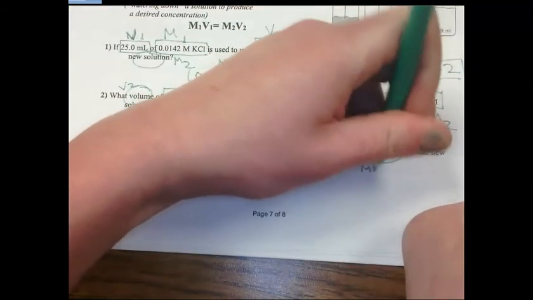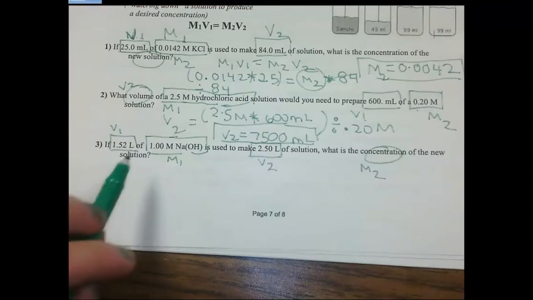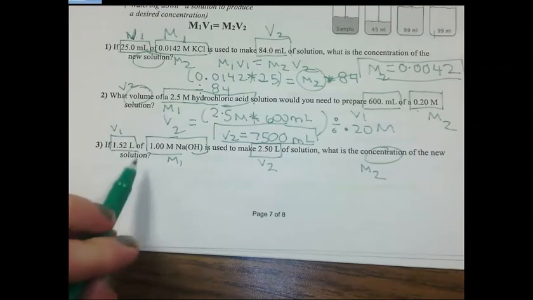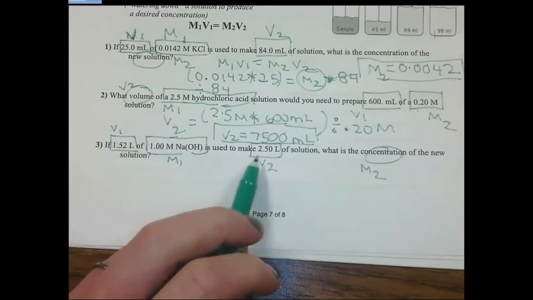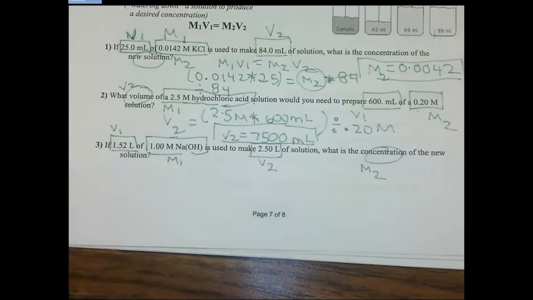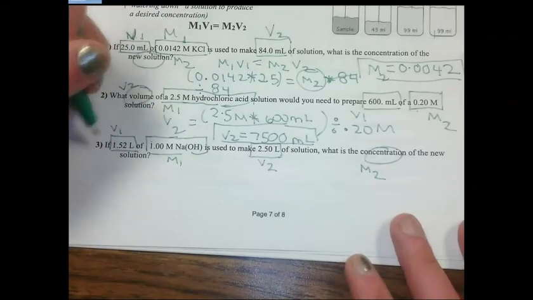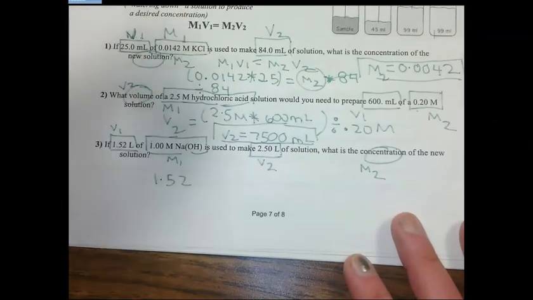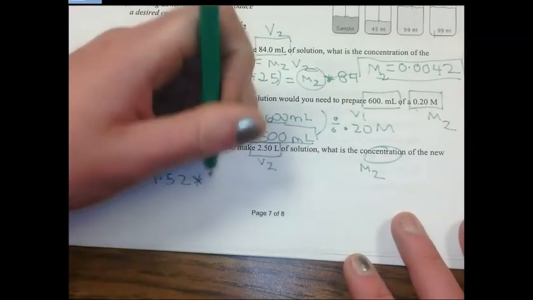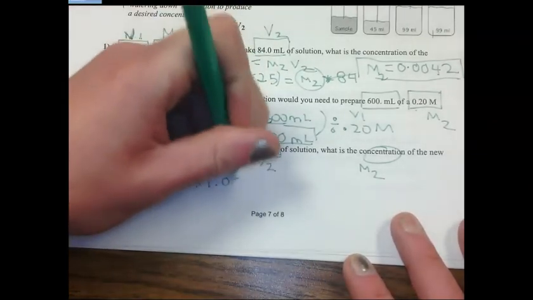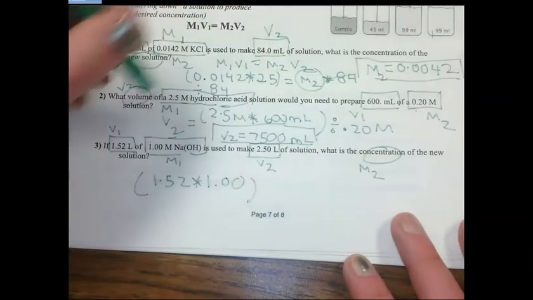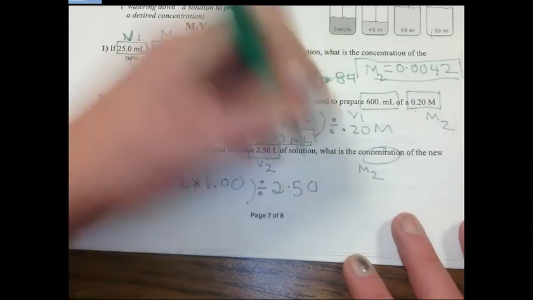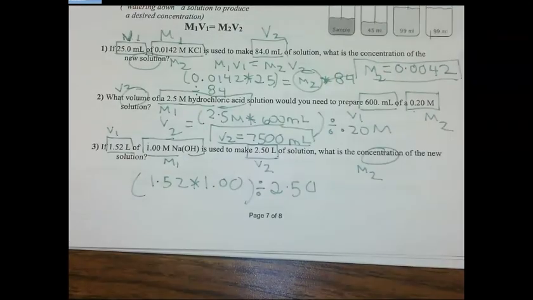So I'm looking for my M2. Once again, you want to multiply the pair, the two that go together, and divide by the one that is alone in order to solve. So I want to multiply these, 1.52 times 1.00, divided by 2.5. That will give me my M2.